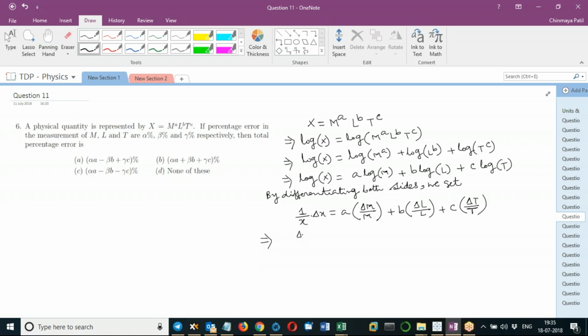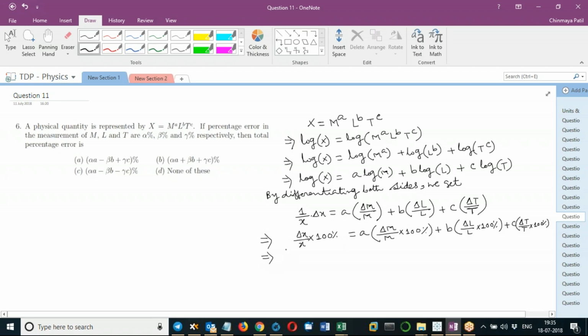We will get delta x by x into 100% is equal to a into delta m by m into 100% plus b into delta L by L into 100% plus c into delta T by T into 100%.